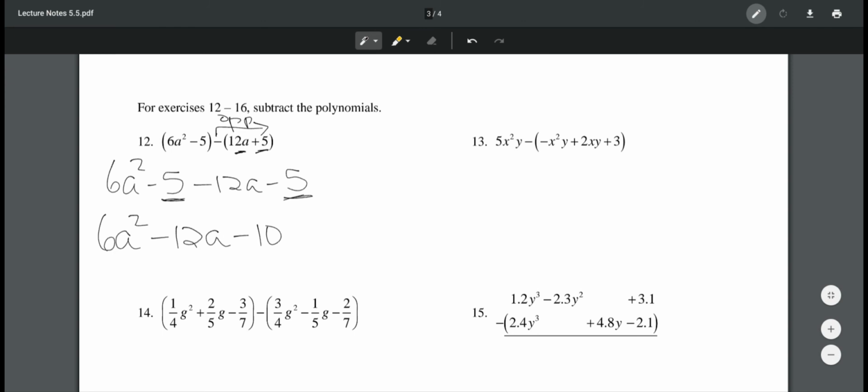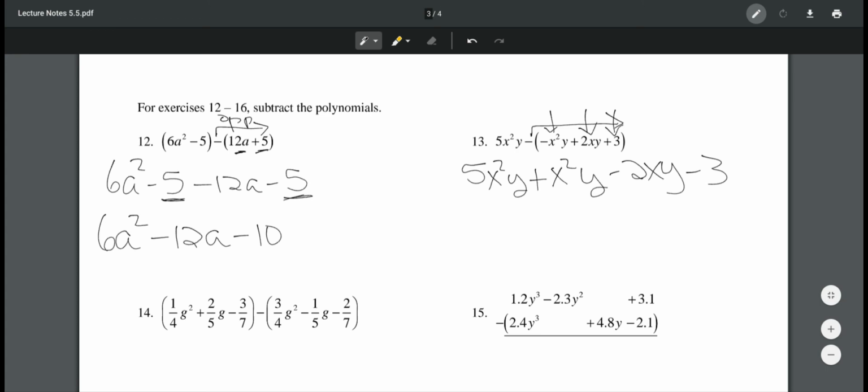In number 13, I'm going to take that negative and go across and change all those signs and create the opposite. So 5x squared y plus the opposite of a negative is positive. Then I have negative 2xy and I have negative 3. So the opposite is positive, the opposite is negative, the opposite is negative.